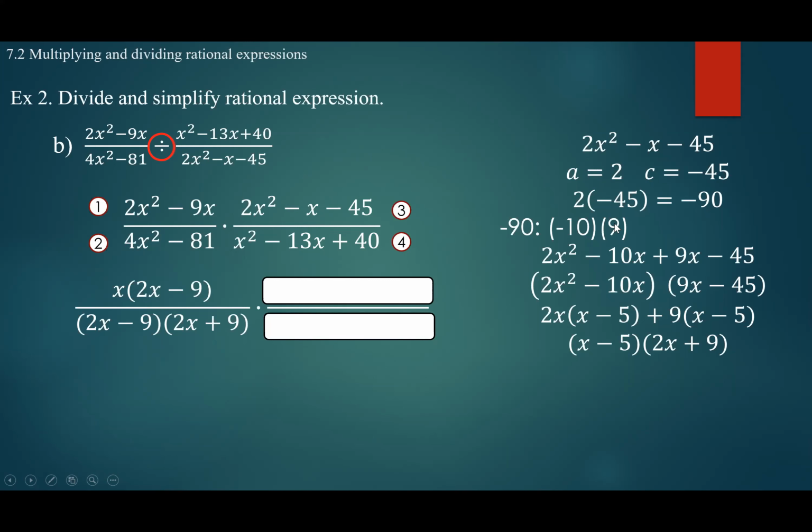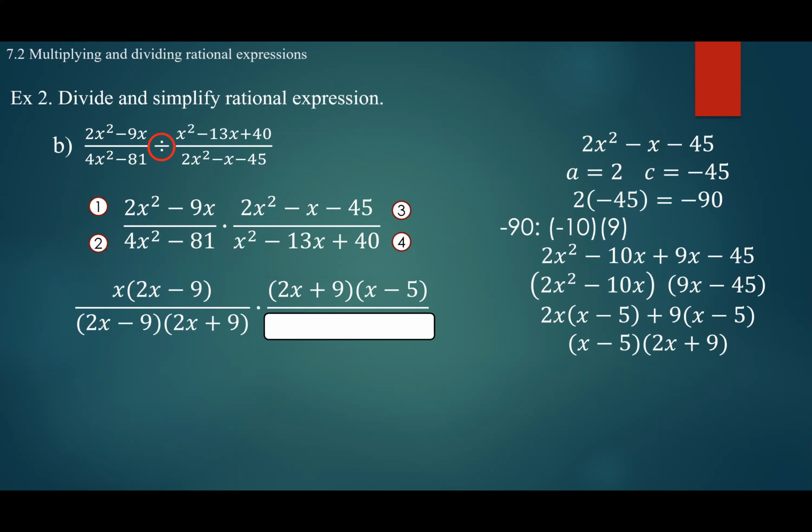So I rewrite this problem as 2x squared minus 10x plus 9x minus 45, because negative 10 plus 9 gives me negative 1. I group them up. In the first group, I can factor out 2x, which leaves me with x minus 5. In the second group, because it includes a positive, I need to take out positive 9. That gives me x minus 5. And as you can see, this is what I have.